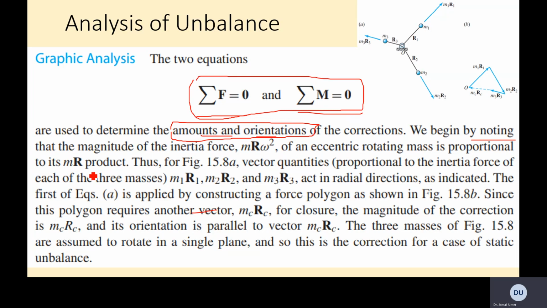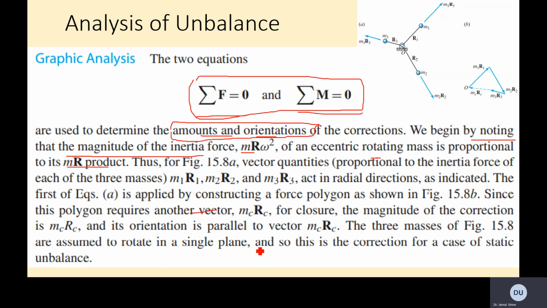We begin by noting that the magnitude of the inertia force m r omega square of an eccentric rotating mass is proportional to its mr product. So what is it? The magnitude of inertia.